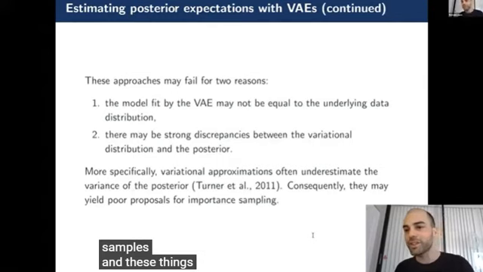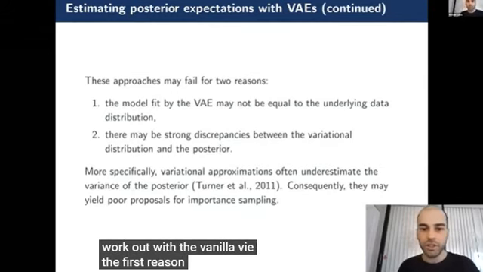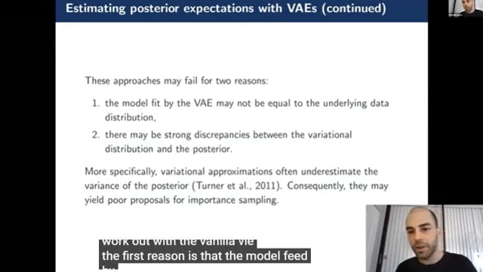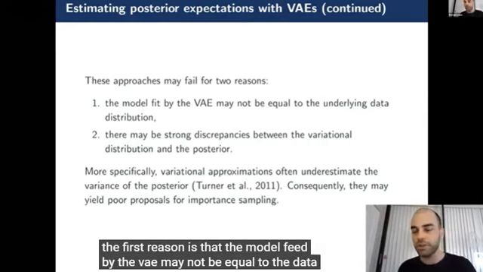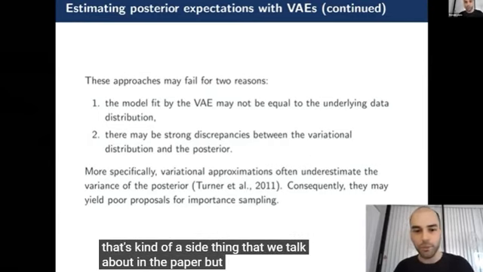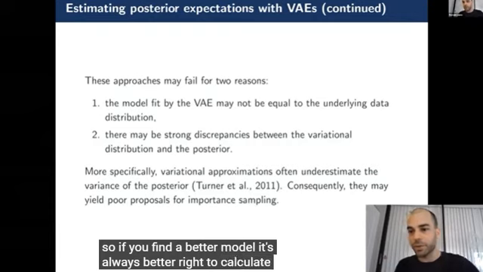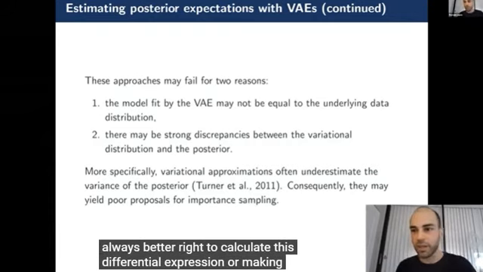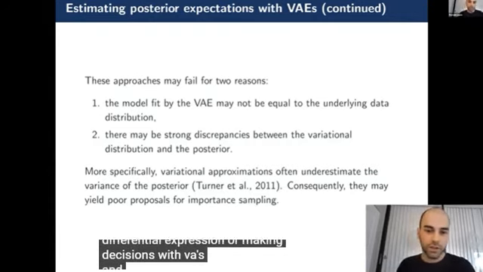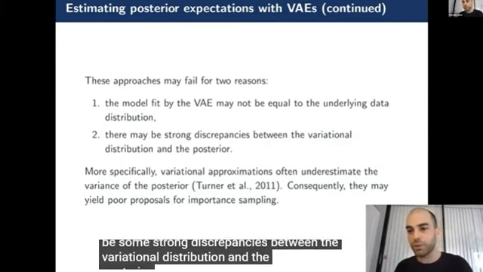And these things actually don't quite work out with the vanilla VAE. The first reason is that the model fit by the VAE may not be equal to the data distribution. That's kind of a side thing that we talk about in the paper, but if you find a better model, it's always better to calculate differential expression or make decisions with VAEs. The second thing is that there can be strong discrepancies between the variational distribution and the posterior.